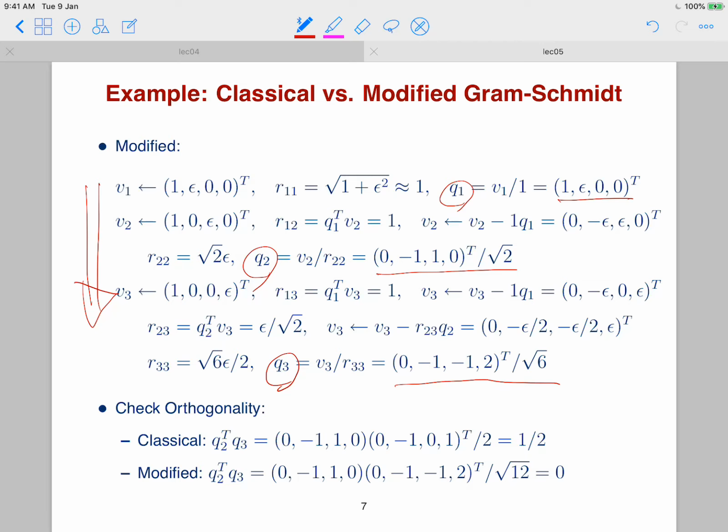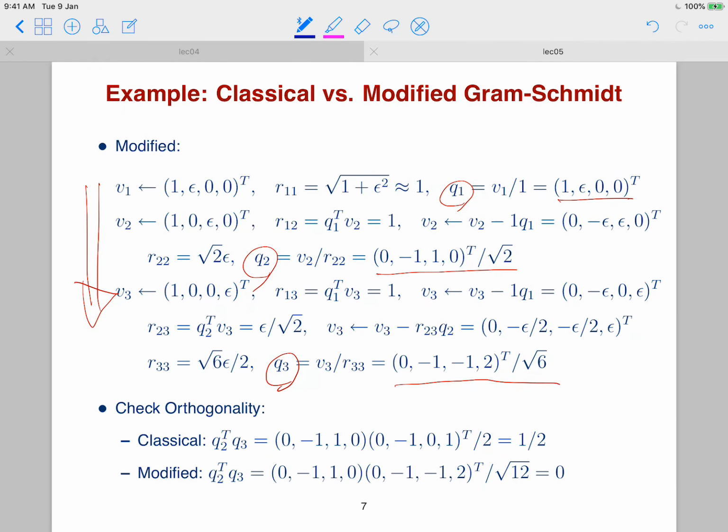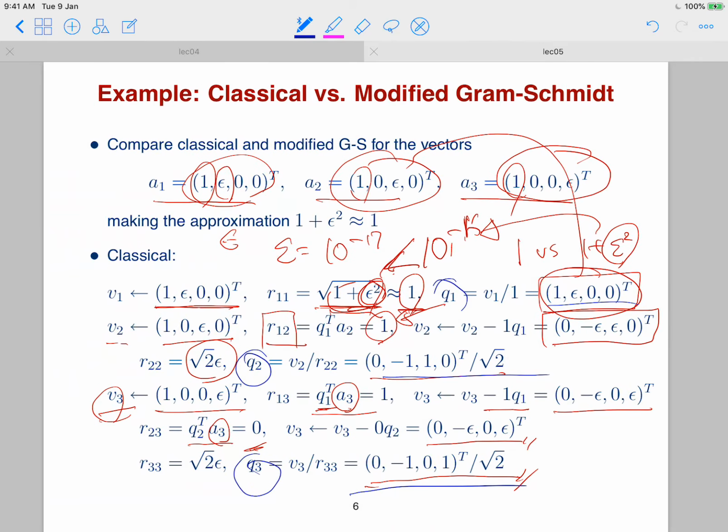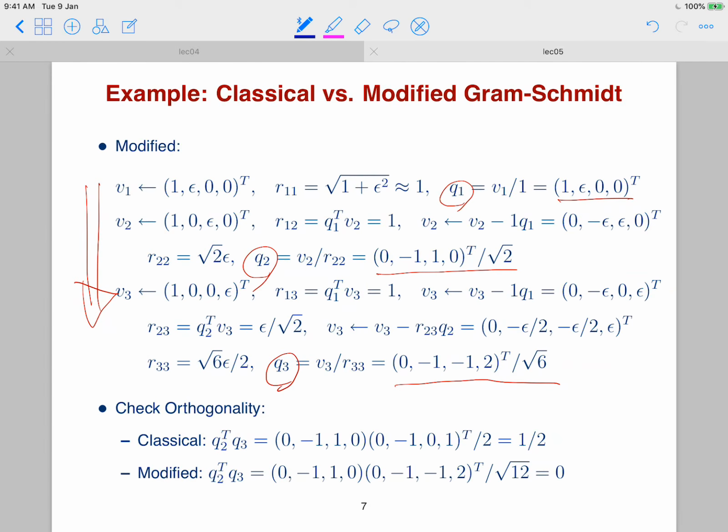And so let's just compare this set with this guy and this guy and this guy. Okay, so the first one and the second one are the same, right? But the third one is now a different one, right?